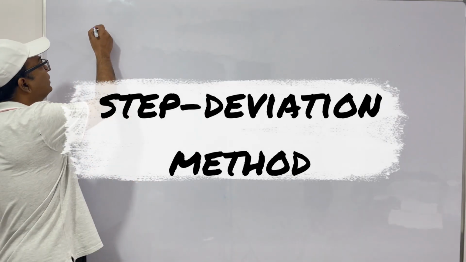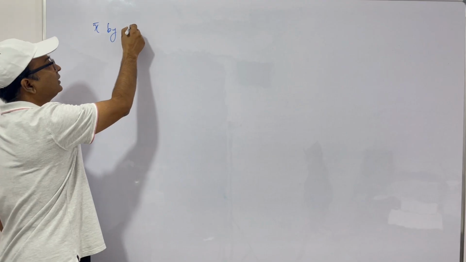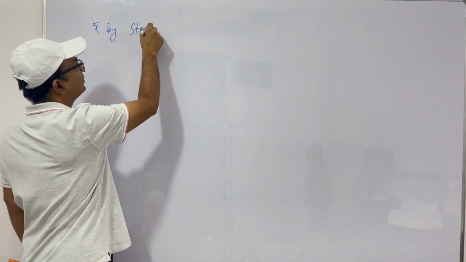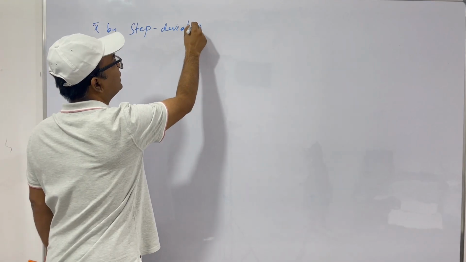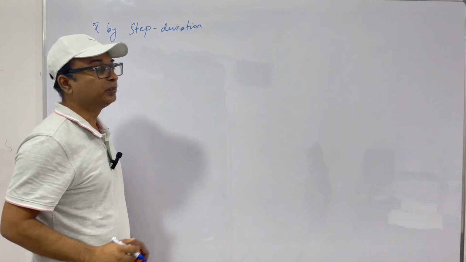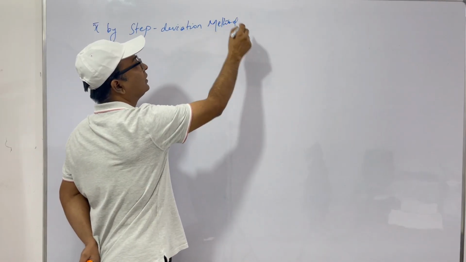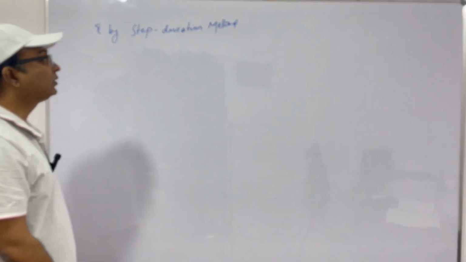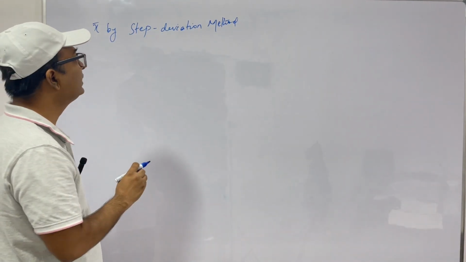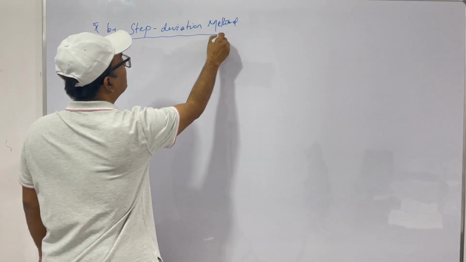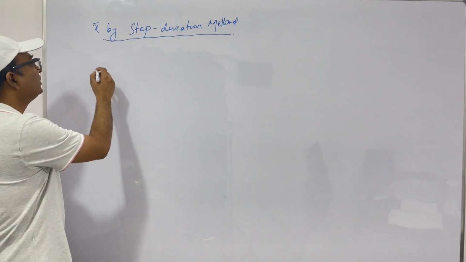Now we'll see how to find arithmetic mean by the step deviation method. We just saw the shortcut method, but that was for discrete frequency distribution only. What if the data is grouped, that is, we have classes 50 to 60, 60 to 70? See what we do.